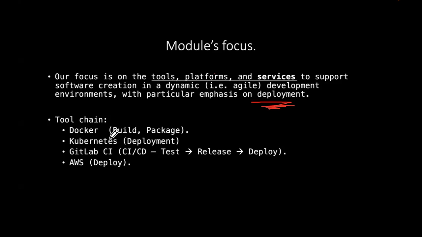So Kubernetes is a deployment platform. Towards the latter end, we'll talk about GitLab, a platform we'll use to achieve this CI/CD idea that I was talking about. And if we've time at the very end, we also look at AWS as an alternative deployment platform to Kubernetes, I guess.